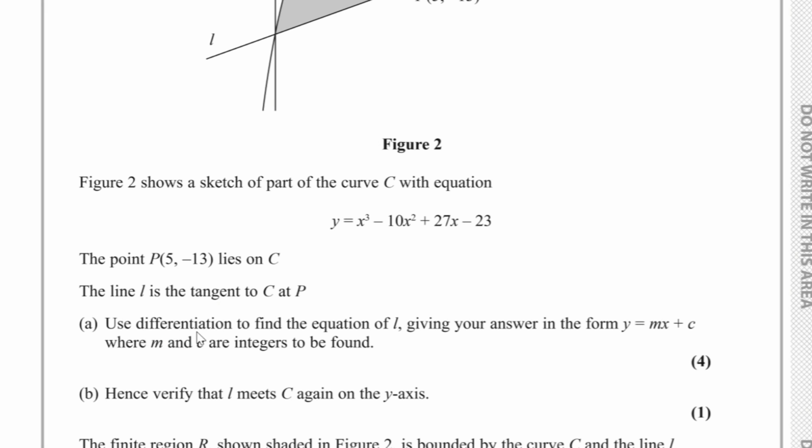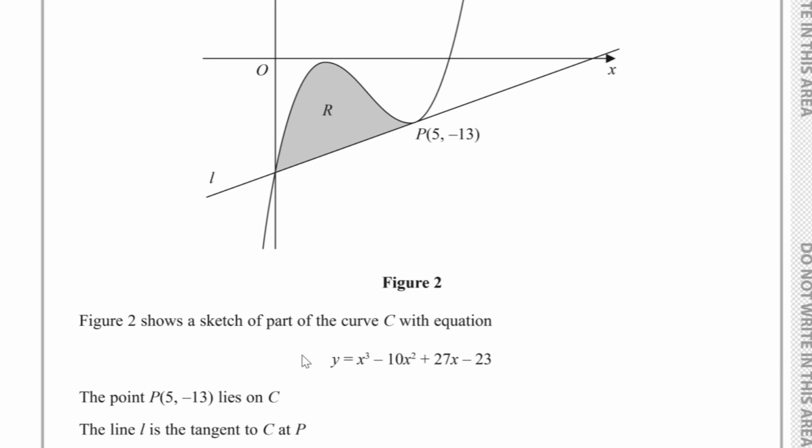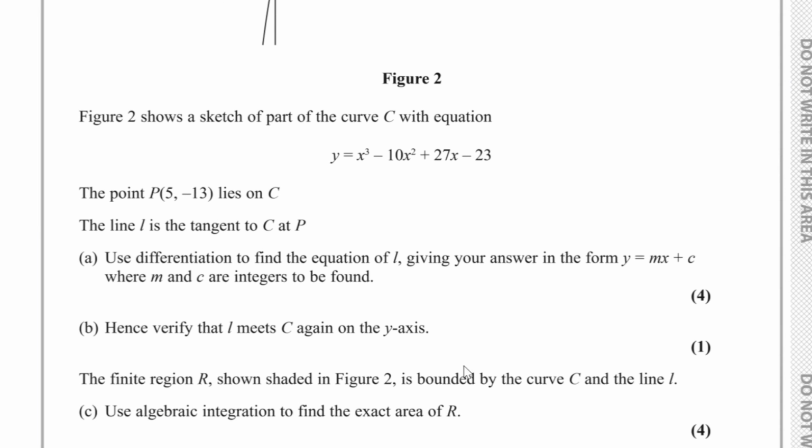For part A, we have to use differentiation to find the equation of L, giving your answer in the form y equals mx plus c, where m and c are integers to be found. We know what y is.